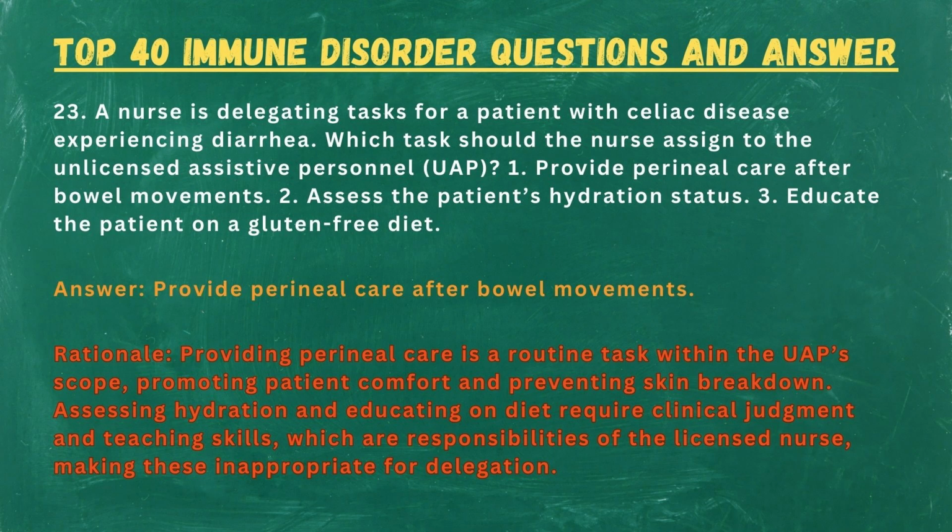Answer: provide perineal care after bowel movements. Rationale: providing perineal care is a routine task within the UAP scope, promoting patient comfort and preventing skin breakdown. Assessing hydration and educating on diet require clinical judgment and teaching skills, which are responsibilities of the licensed nurse, making these inappropriate for delegation.